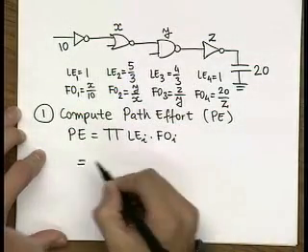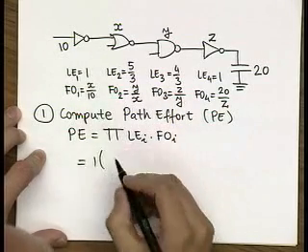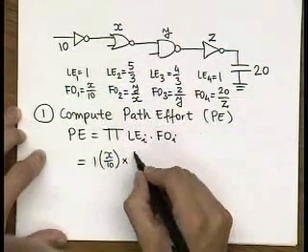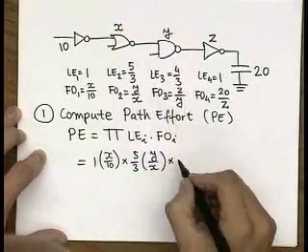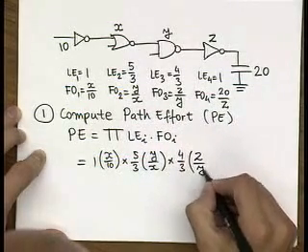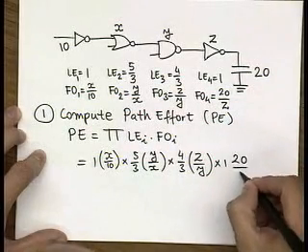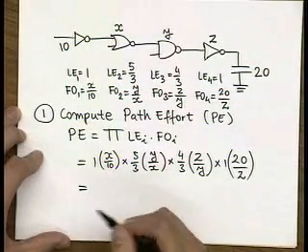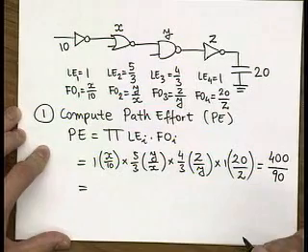So now this is equal to: logical effort of the first stage is 1, multiplied by the fan out, x over 10; times the logical effort of the second stage, 5 over 3, times y over x; third stage logical effort is 4 over 3, fan out is Z over Y; and final stage logical effort is 1, and the fan out is 20 over Z. So this is equal to 400 over 90.